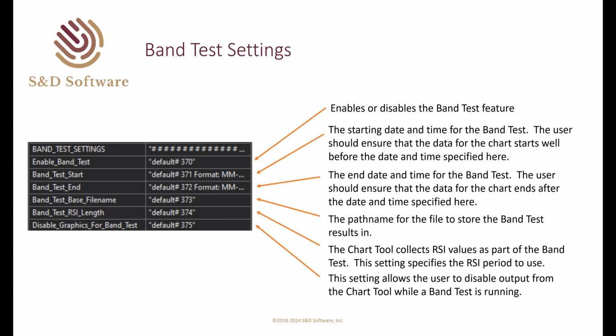And we talked before how we need a historical period to test. The next two settings, the band test start and the band test end, define that historical period. Now you have to make sure on your charts that you have enough data loaded. You want to have a sufficient amount of data before your test starts so that the tool can potentially detect any supply and demand bands which could have an effect on those made during the test period.